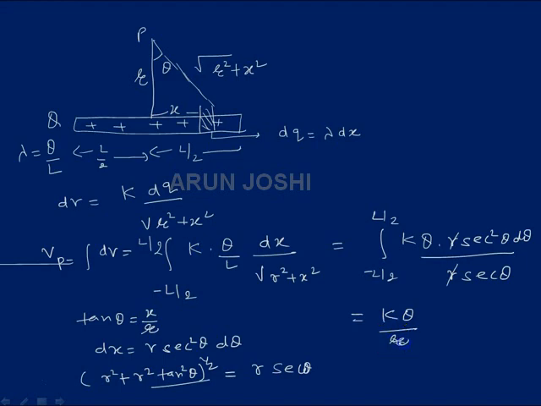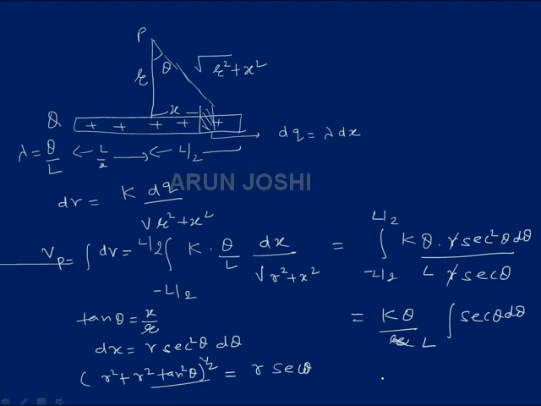So we have kq integration sec theta d theta. Please check it, by mistake if we have done anything wrong. Okay, yes, we omitted, we could not write this L. Yes, kq by L integration sec theta d theta.